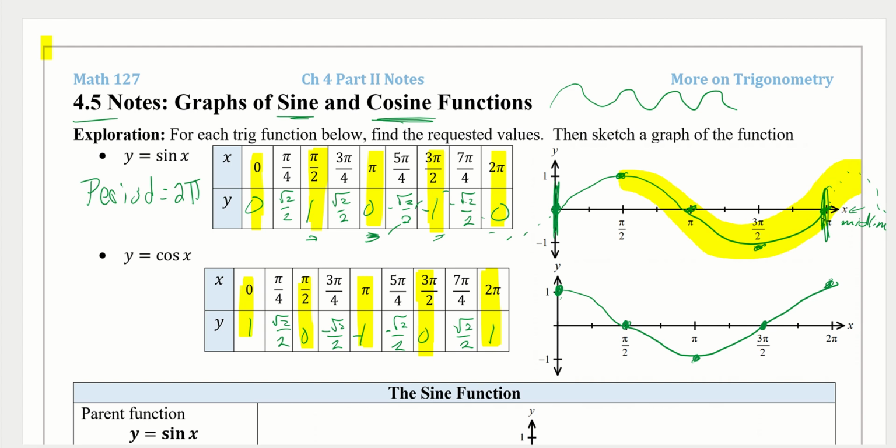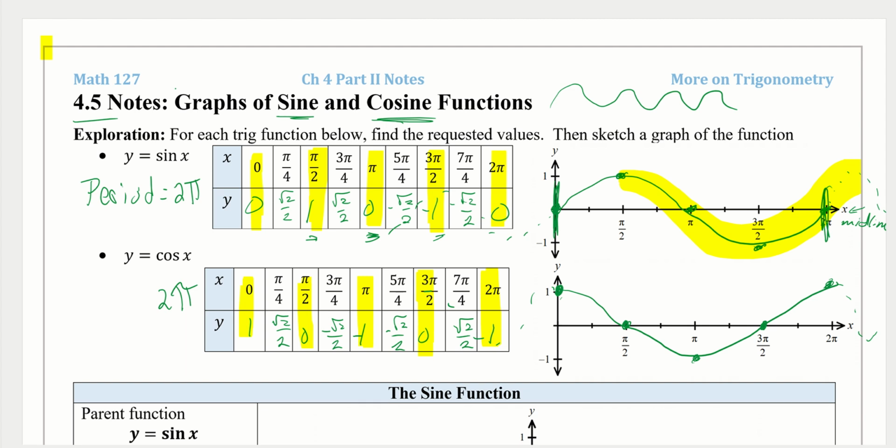They're just off, but typically the parent functions are off by half a pi. Same thing, our period for cosine is 2 pi, and again it repeats itself. We get back up here, and then it does another U-looking thing in both directions, and it can go on forever and ever.